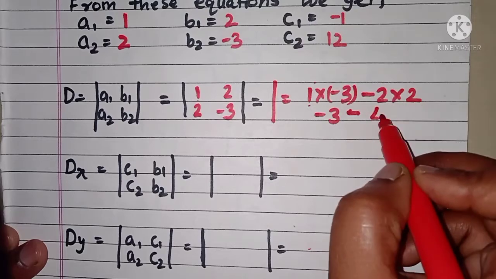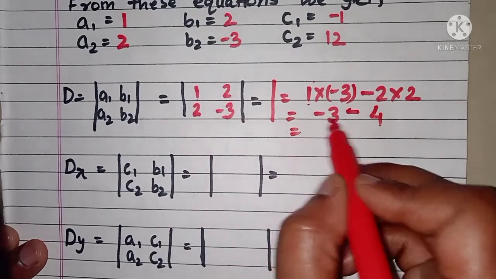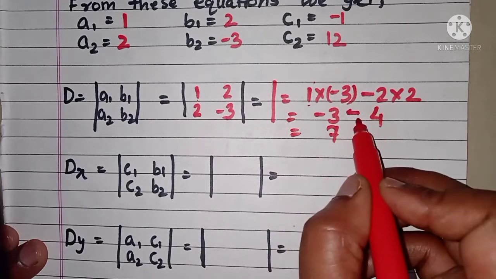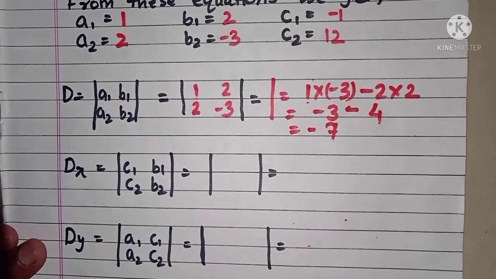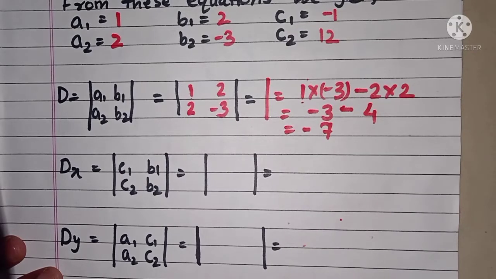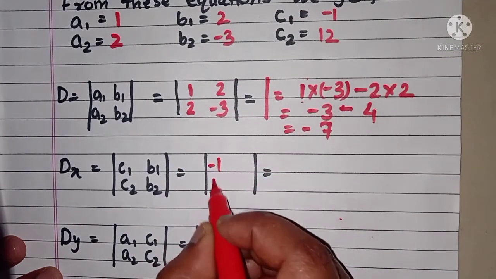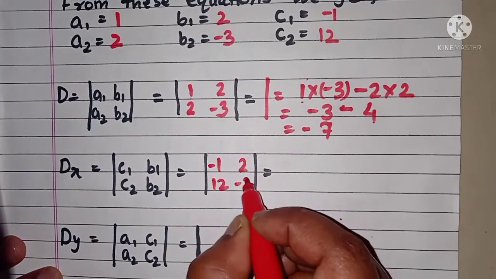Minus minus plus, so you will add, but see the bigger number's sign, it will come minus. dx means c1 c2 and b1 b2, this part: minus 1 12, 2 minus 3.